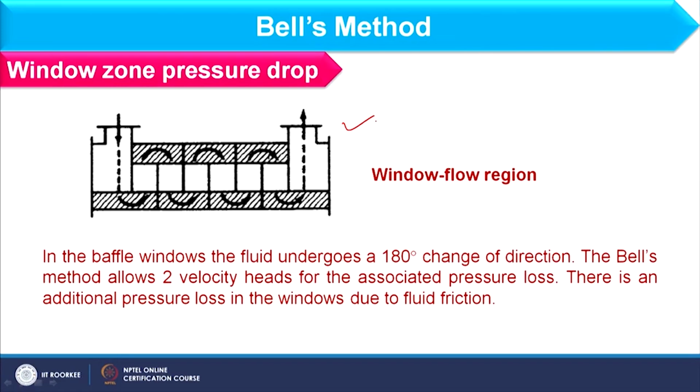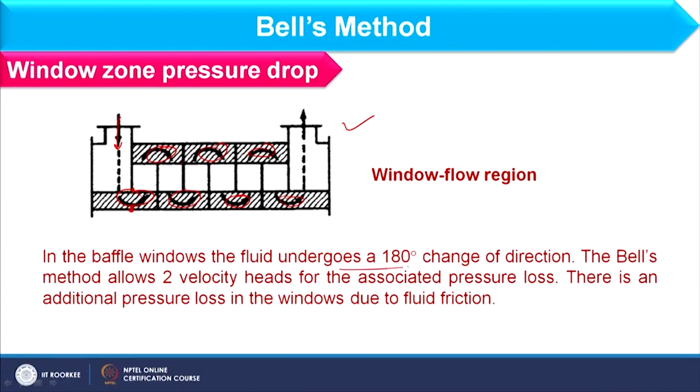Now we will focus on window zone pressure drop. First, see what the window zone is. In this schematic, the fluid is entering, and the section falling between baffle tips we consider as the cross flow zone. However, the zone available between the baffle tip and the shell diameter we call the window zone, as shown in this schematic through shading.